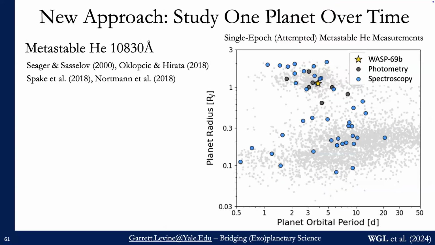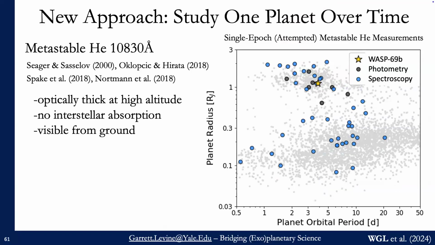We're using the metastable helium feature here, which has been probed on a wide variety of planets. Broadly speaking, this is because it's optically thick at high altitude, there's no interstellar absorption, and it's ground accessible. So people like me can observe it from Palomar and Keck, as opposed to asking for HST time, which is difficult.